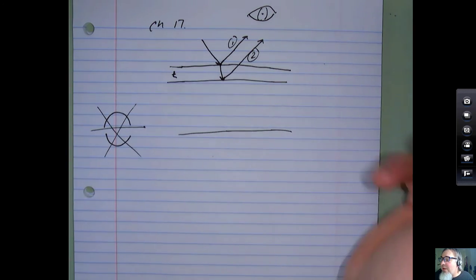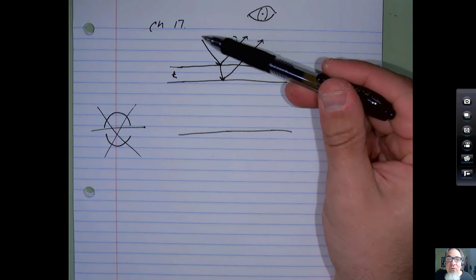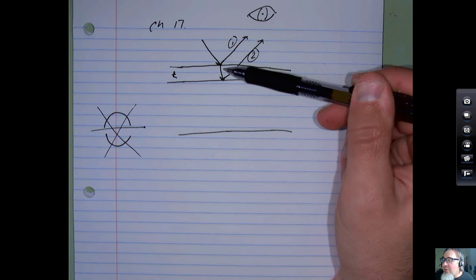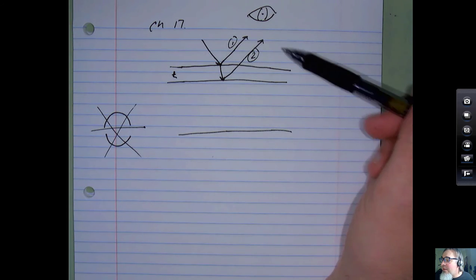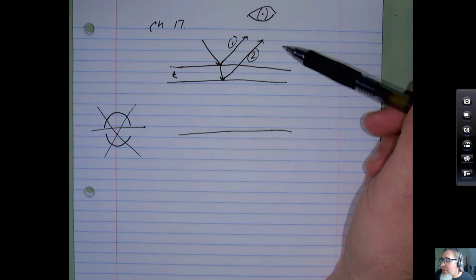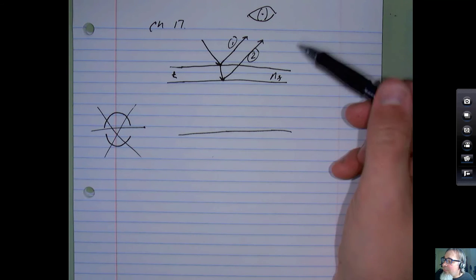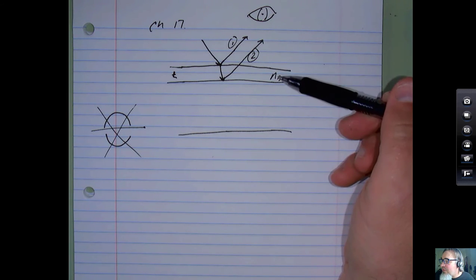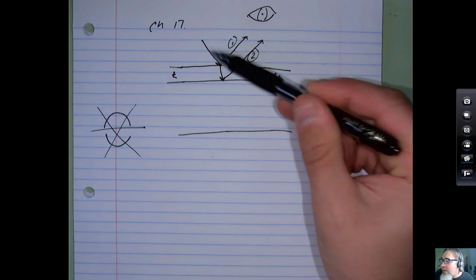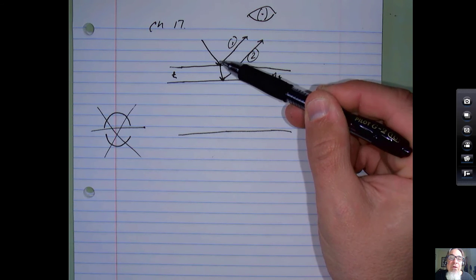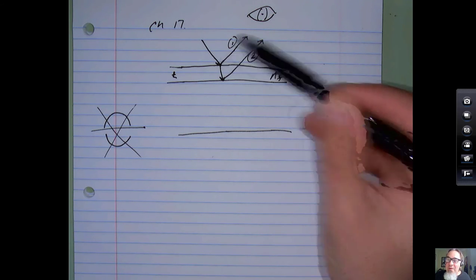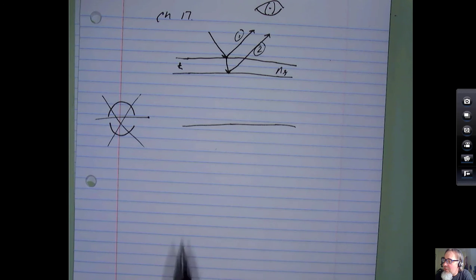Now what further complicates it is when the first ray comes in, part of it reflects, depending on the index of refraction of the film. Depending on the index of refraction of the film, this incoming ray could actually undergo a phase shift. So what do I mean by that? You've got to think back to physics 220.